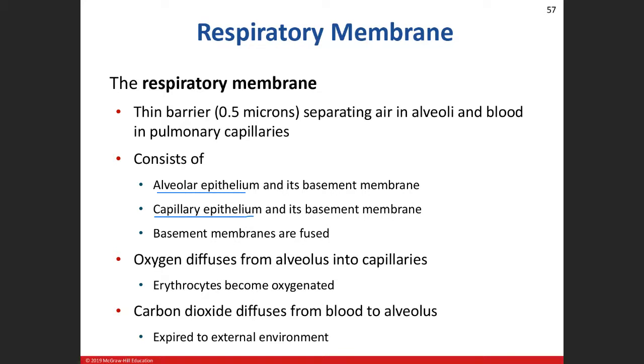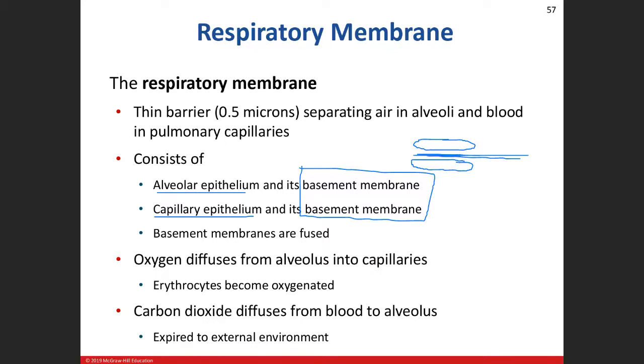But here's the thing, both of these basement membranes are fused together, so they sit back to back. Here's the basement membrane, here is your alveolar simple squamous cell on one side of it, and on the other side is your capillary simple squamous epithelial cell. They share the same basement membrane.